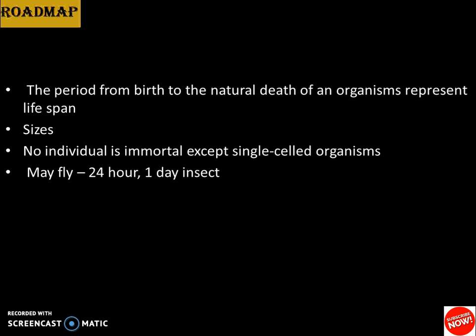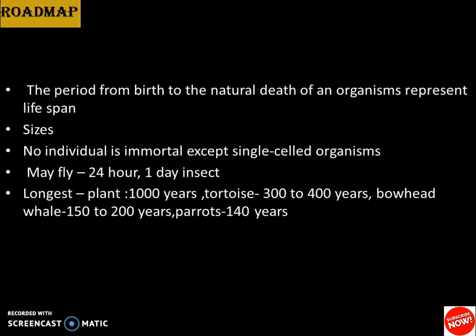Then the other examples, such as the organisms with the longest life expectancy. Now, which are these organisms? They have the longest life expectancy. Examples such as a plant, it has an expectancy of 1,000 years, while the tortoise has an expectancy of 300 to 400 years.